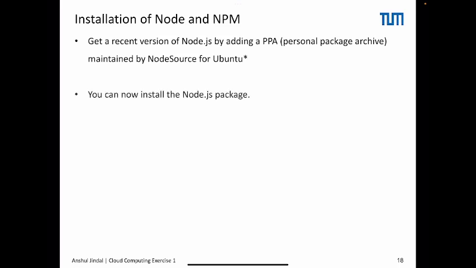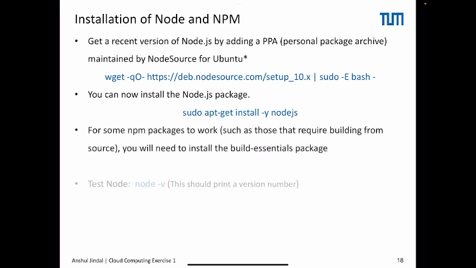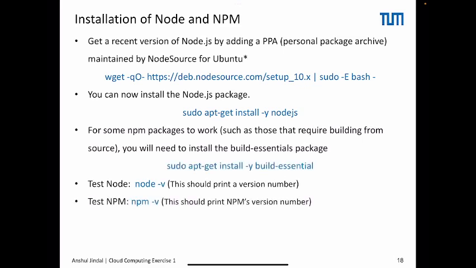Usually there is a link, you go over there and get the source, or you can also install through a package: apt-get install nodejs. And similarly for npm you can run apt-get install npm. Once it is installed, you can run node -v, which will give you the version number of Node, and npm -v, which will give you the version number of npm.